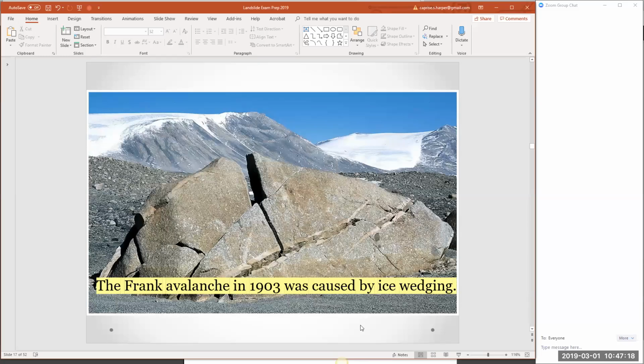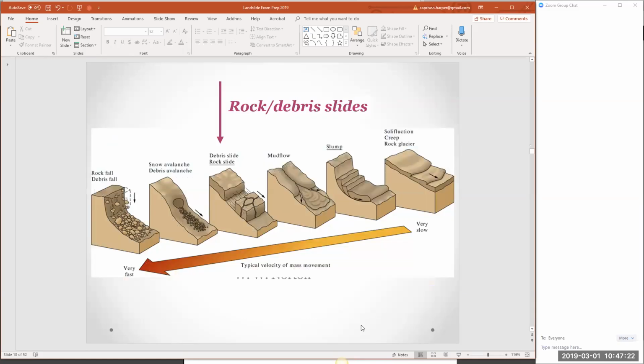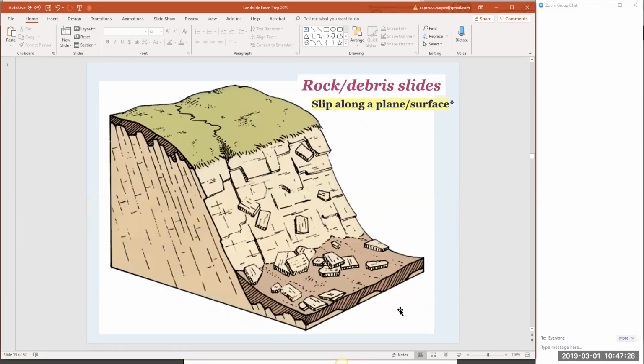So the Frank avalanche is caused by ice wedging. The next one, as we move down, is a debris slide or a rock slide. And this terminology is here. It's a slip along a plane.